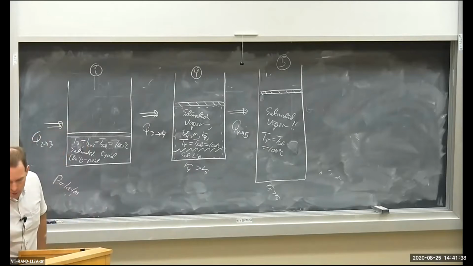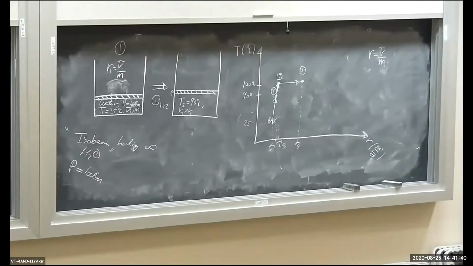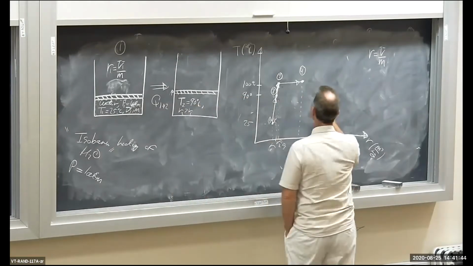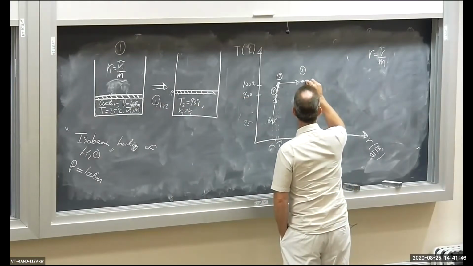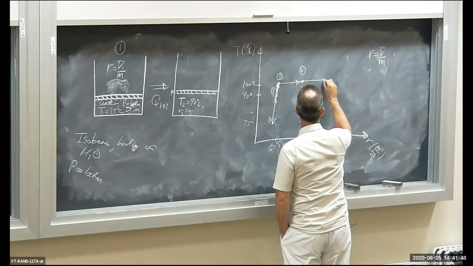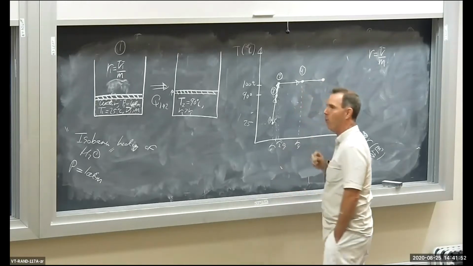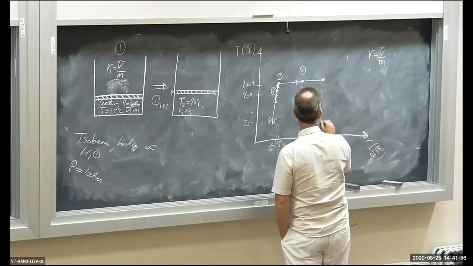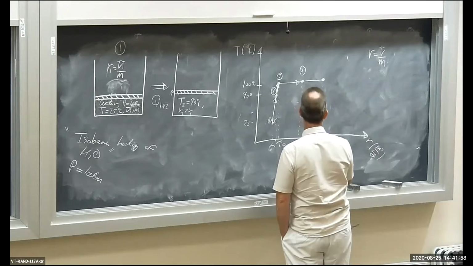Let's put this on our temperature, specific volume diagram. Okay, so temperature is the same. It's an isothermal as well as isobaric boiling or vaporization process. Here's the specific volume at state 5.